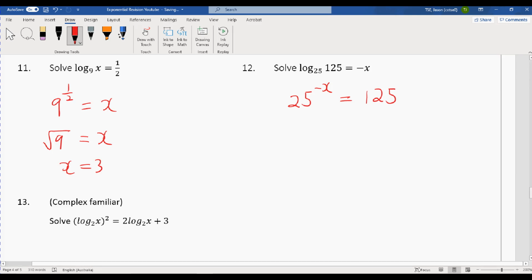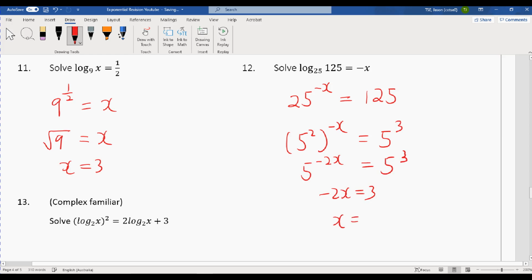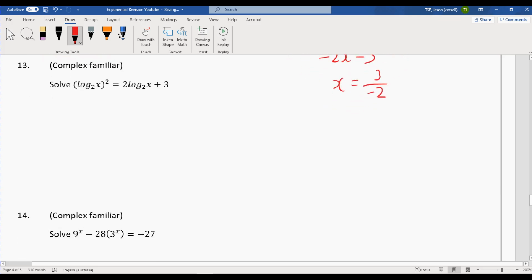We have similar questions before, so you need to use the common base 5. So easy, right? Let's move on to rather complex questions.